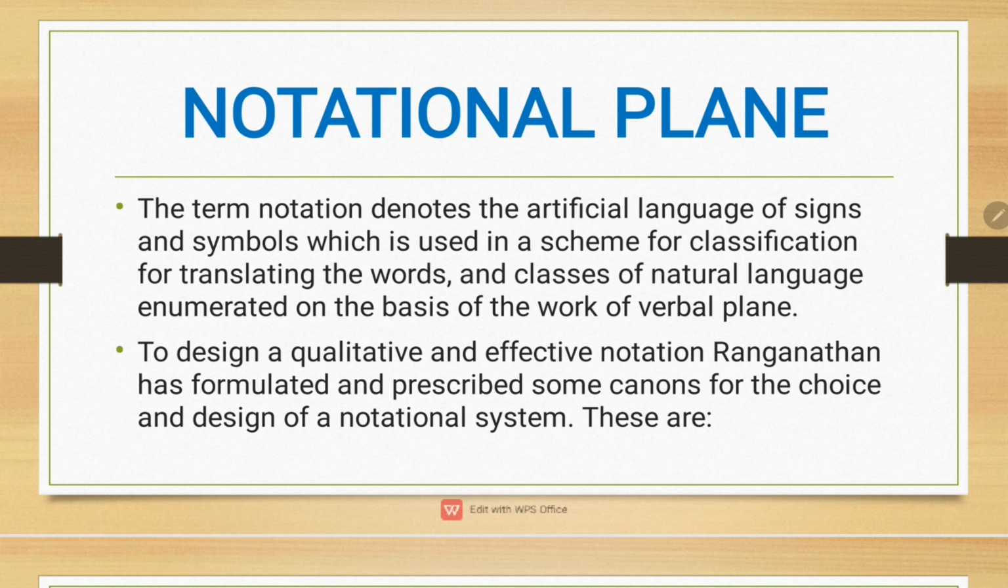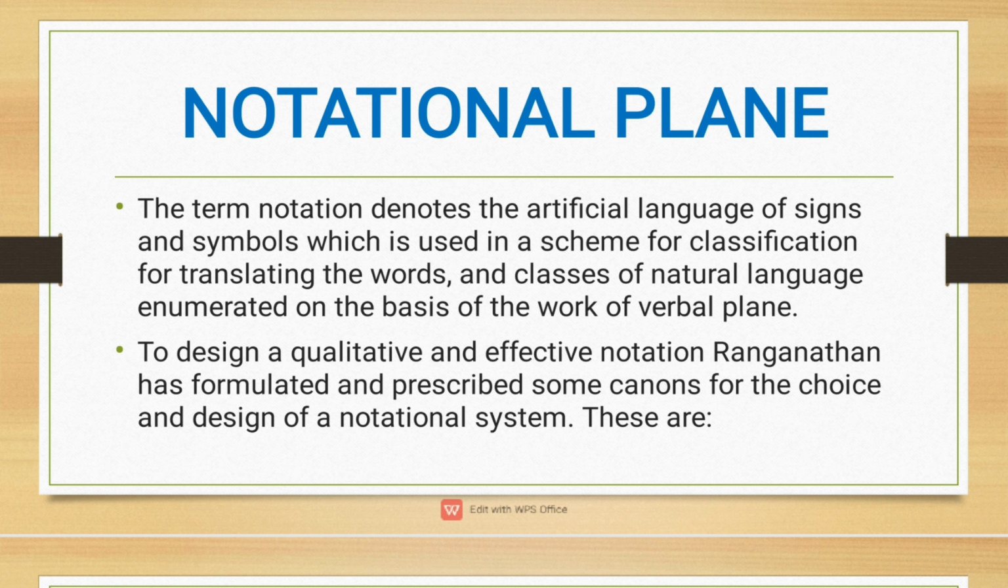Third category, notational plane. The term notation denotes the artificial language of signs and symbols which is used in a scheme for classification for translating the words and classes of natural language enumerated on the basis of the work of verbal plane.